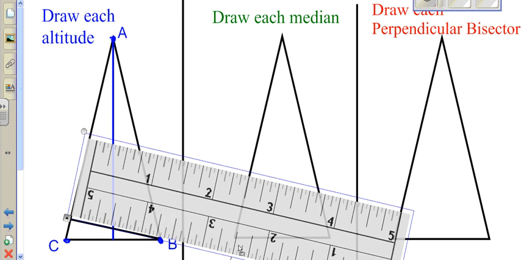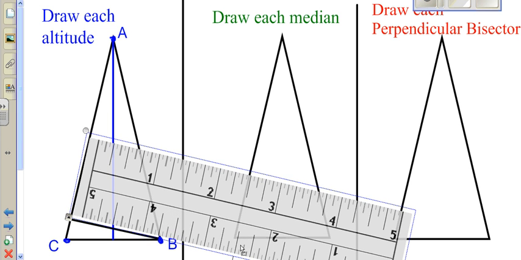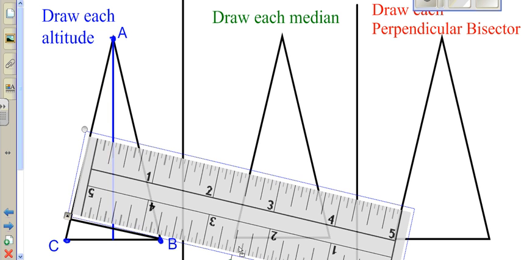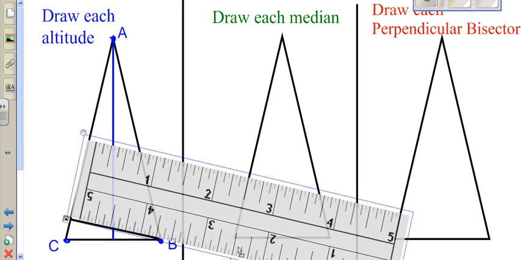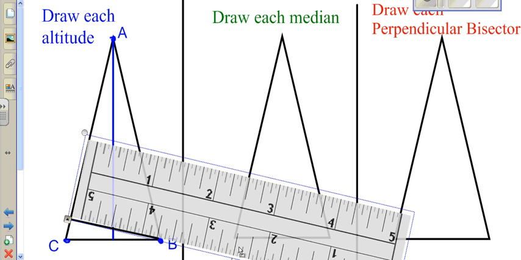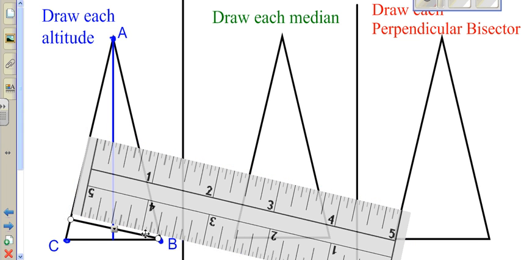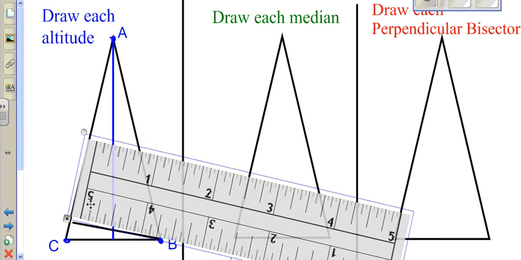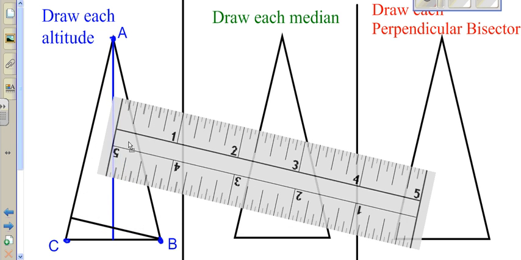It looks like it fits, it almost does, but that's not quite perpendicular, so I'd have to change it a little bit. You want it to be right at 90 degrees from the vertex.